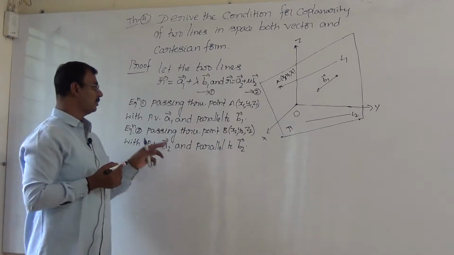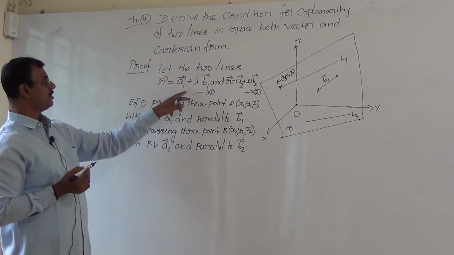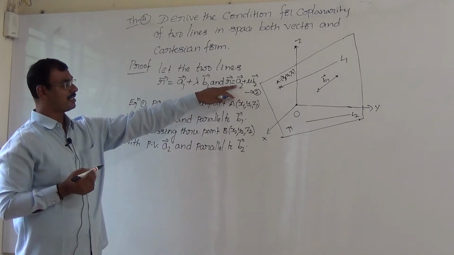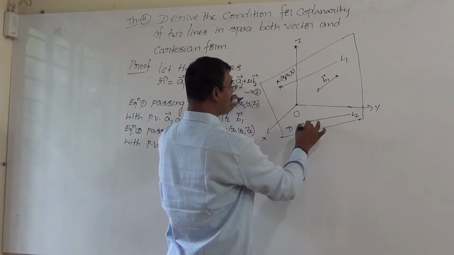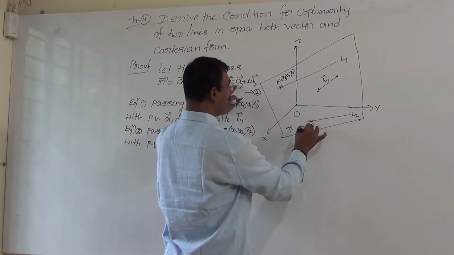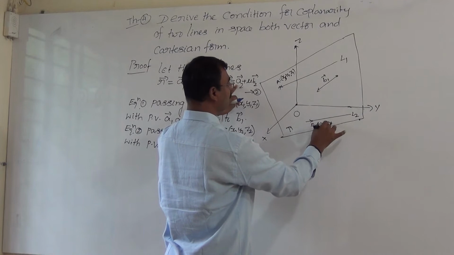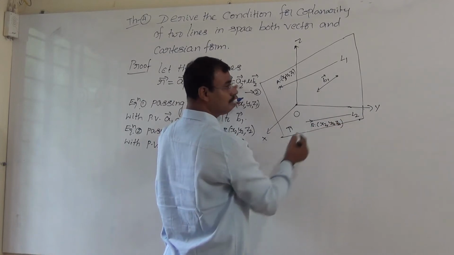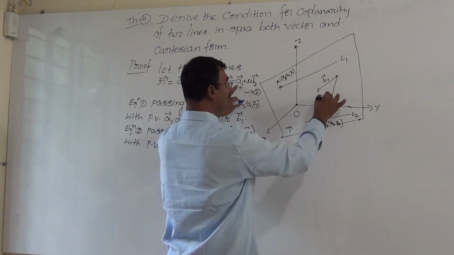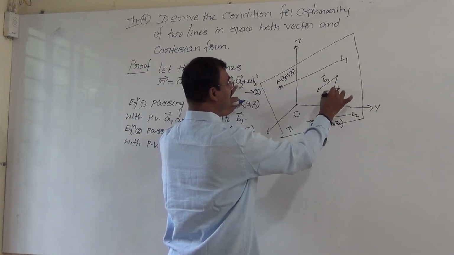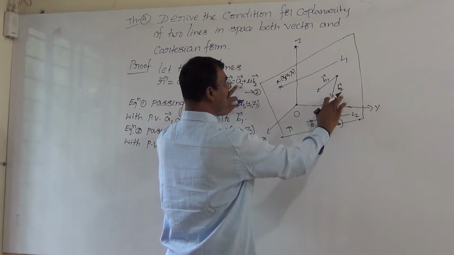And line L2 is passing through the point B, that is the A2 vector, with coordinates X2, Y2, Z2, and it is parallel to the B2 vector. This B2 vector is parallel to L2 only.